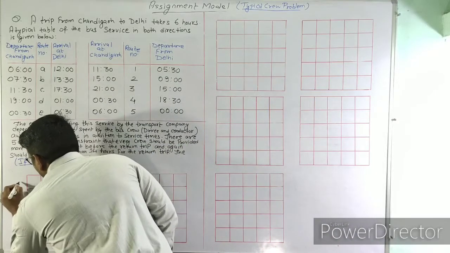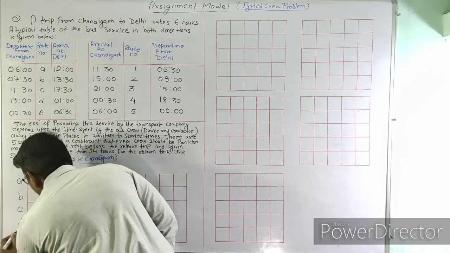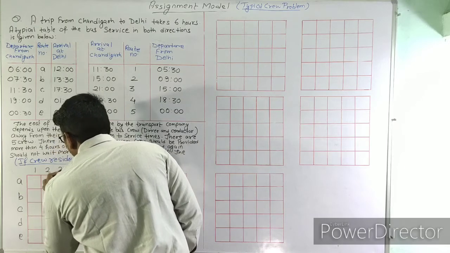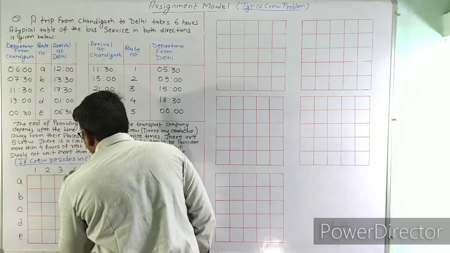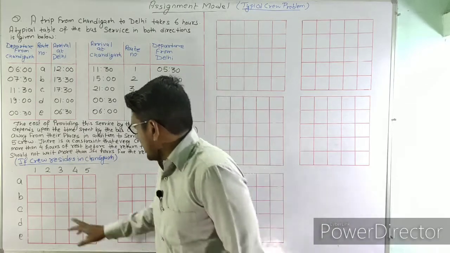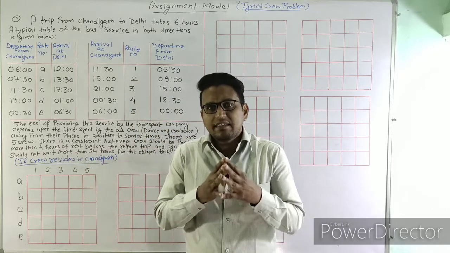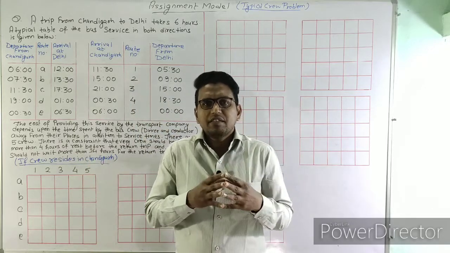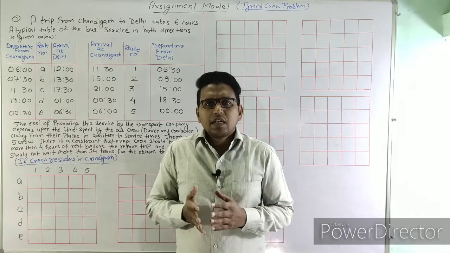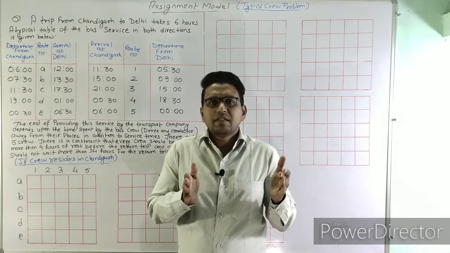The first table has routes A, B, C, D, E, and the second table has routes 1, 2, 3, 4, 5. When I say a crew resides in Chandigarh, that means the crew has its residence at Chandigarh, so it will avail the company facilities at Delhi. We need to see how much time the crew spends in Delhi in the company's residency.